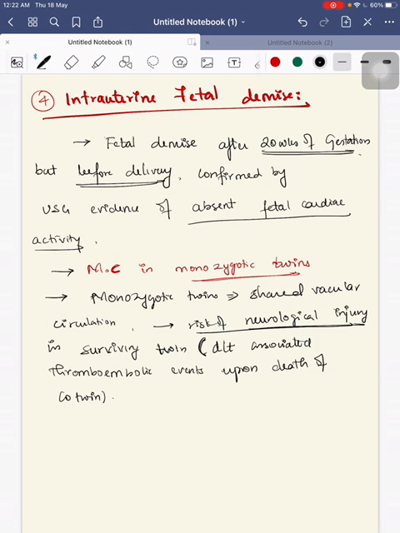Fifth is vascular disruption syndromes. Vascular disruption syndrome is due to the presence of large vascular anastomosis between two embryos early in the development.